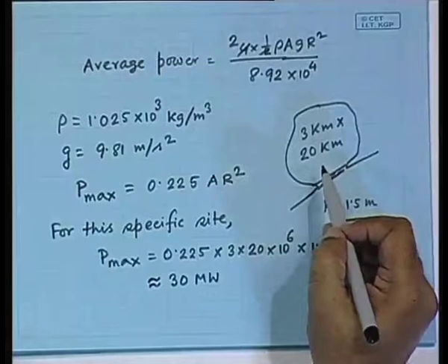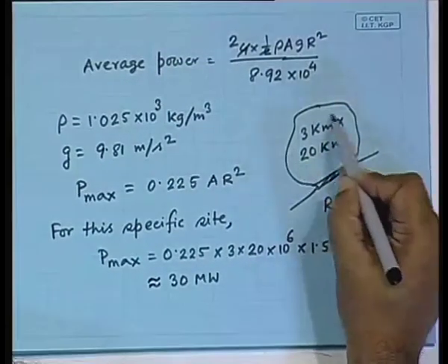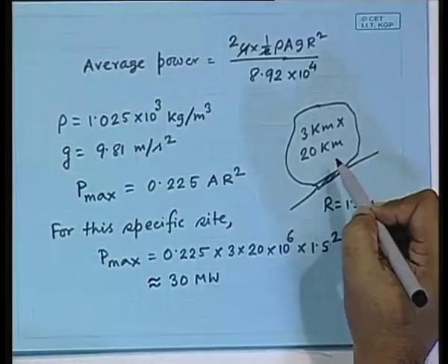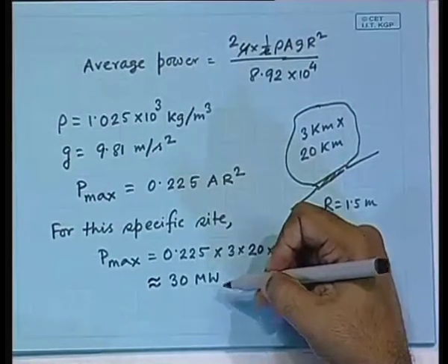So, normally you can easily see that an amount of water contained in about 60 kilometer square would produce about 30 megawatts. But that is the theoretical maximum amount of energy. The actual production will be about 1/4 of that, which is approximately 8 megawatts.